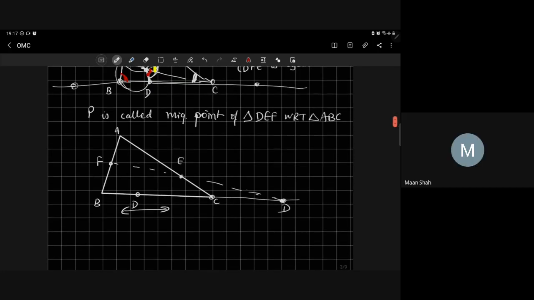So let's call the concurrence point M. It will be somewhere here.